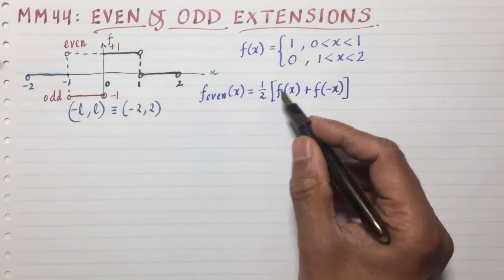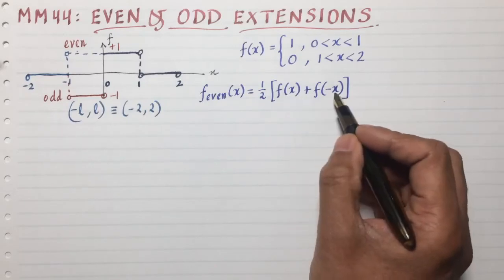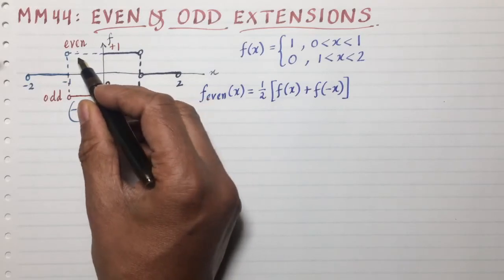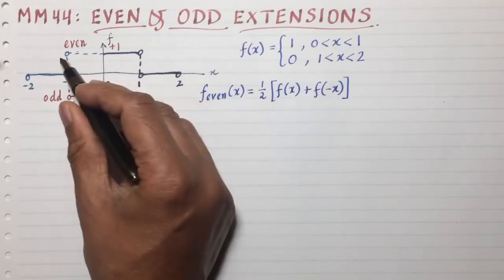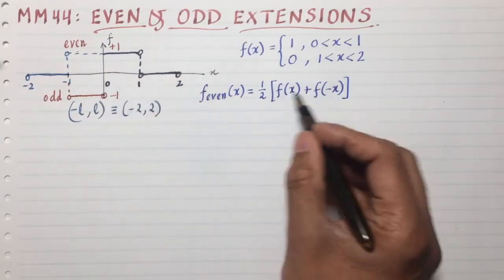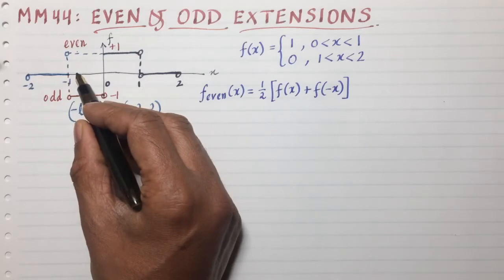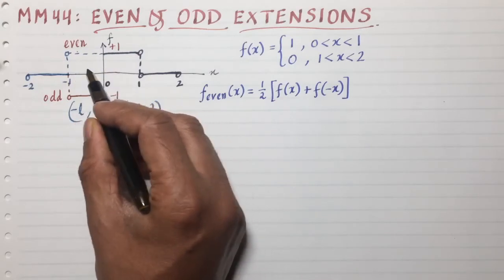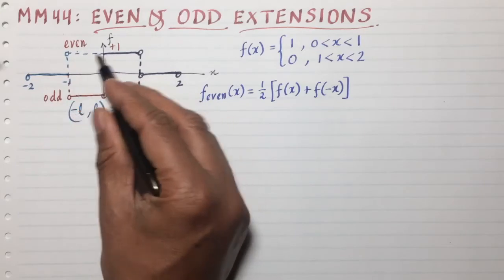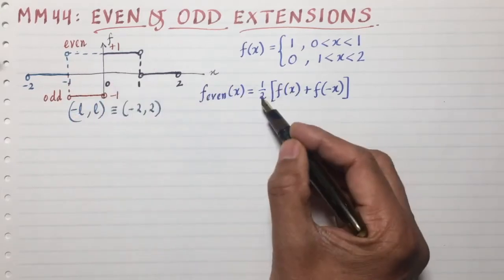So if you notice, for the even extension, all I would have to do is f of minus x, which is not even defined at this point, but can be extended like this. Then f even of x would just be 1/2 the average of f of x and f of minus x. So it's 1 plus 1, and if you define the value at 1 and you find the value at -1, it's both equal to 1, so that'll be 2, and 2 divided by 2 is 1.